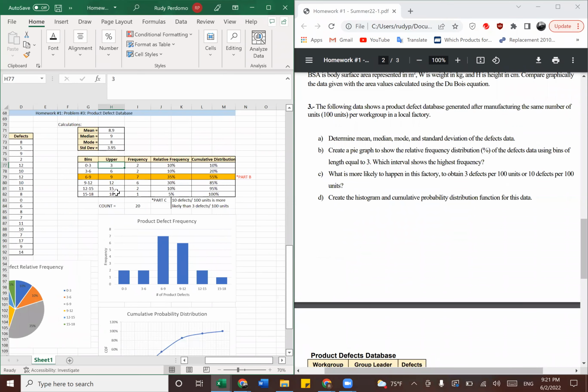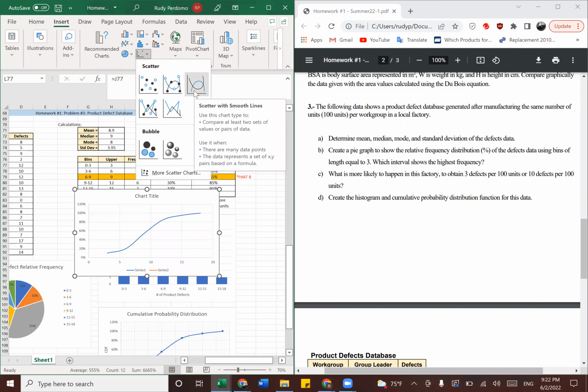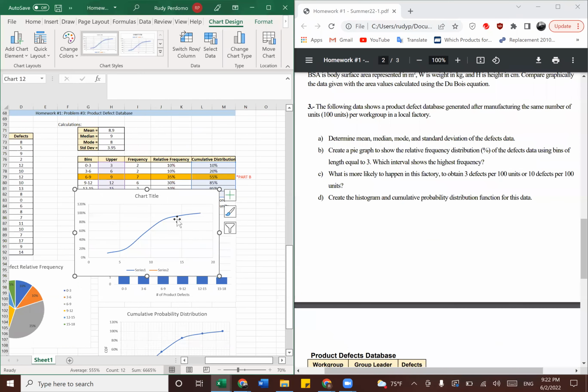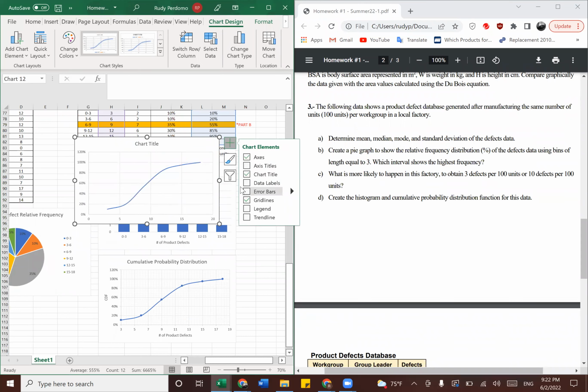We're gonna select the upper values, that's your X values, and then hold Control, and then select the cumulative distribution. Then you insert a scatter plot with smooth lines, and then you could remove the legend because there's only one graph here, and then add axis titles and your chart title. This would be the number of product defects, and this would be the cumulative distribution function.